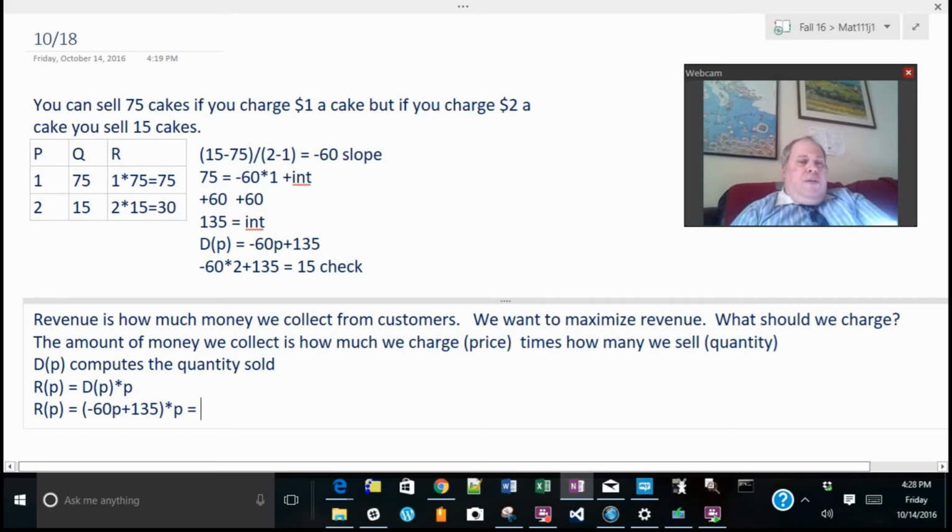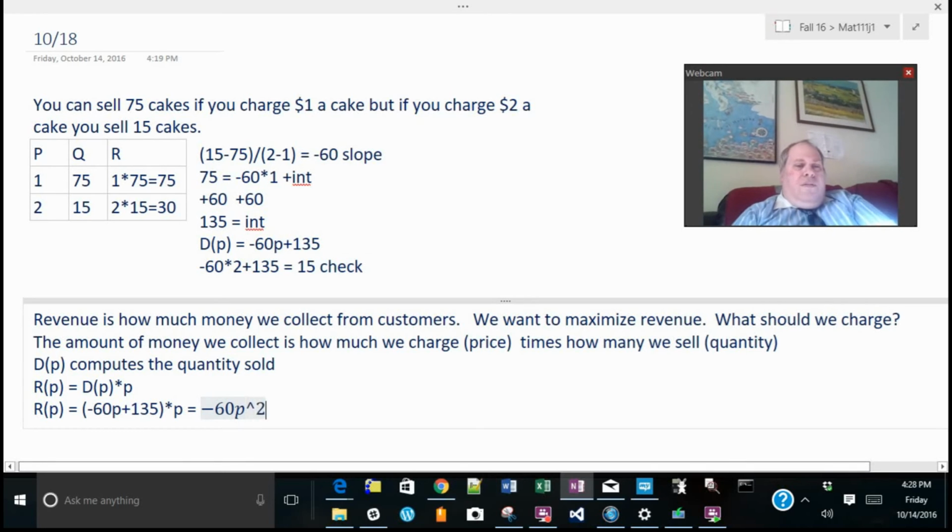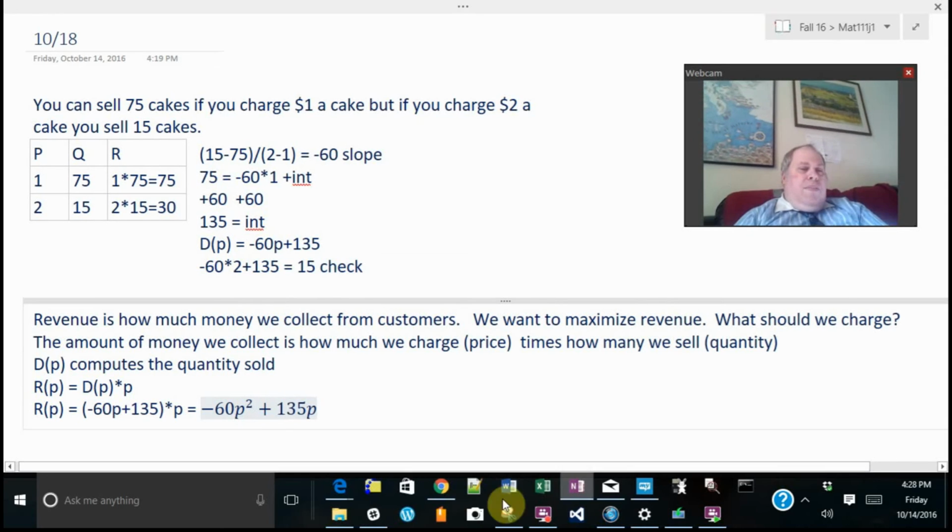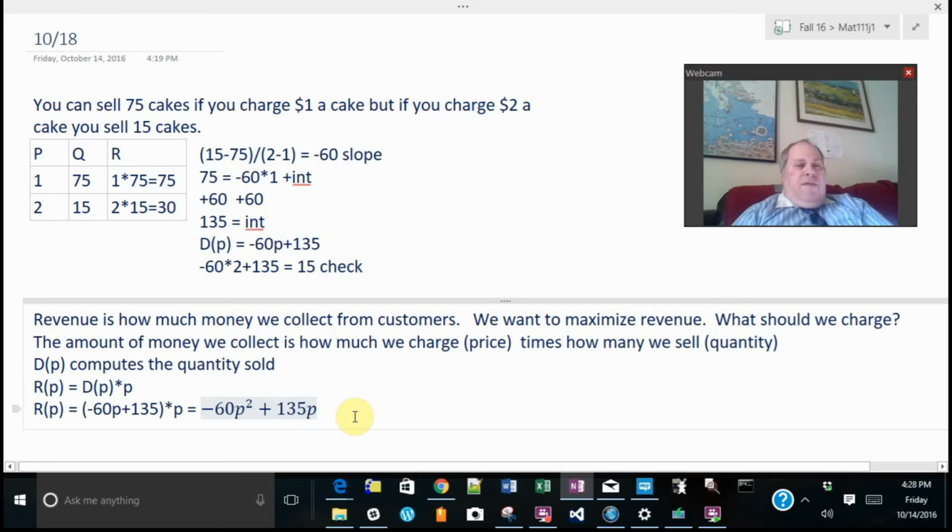But we can distribute that p, and that gives me negative 60p squared plus 135p. Important to distribute, and important to parenthesize. When you replace, always replace in parentheses. And that is our revenue function.